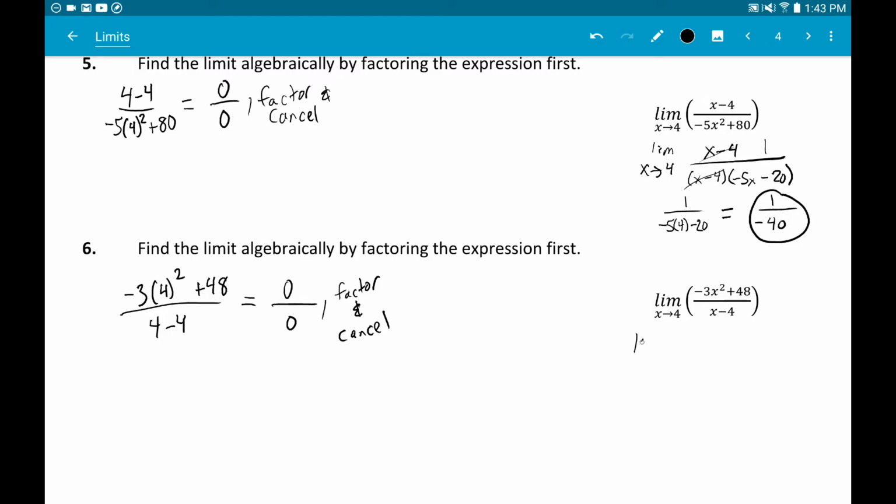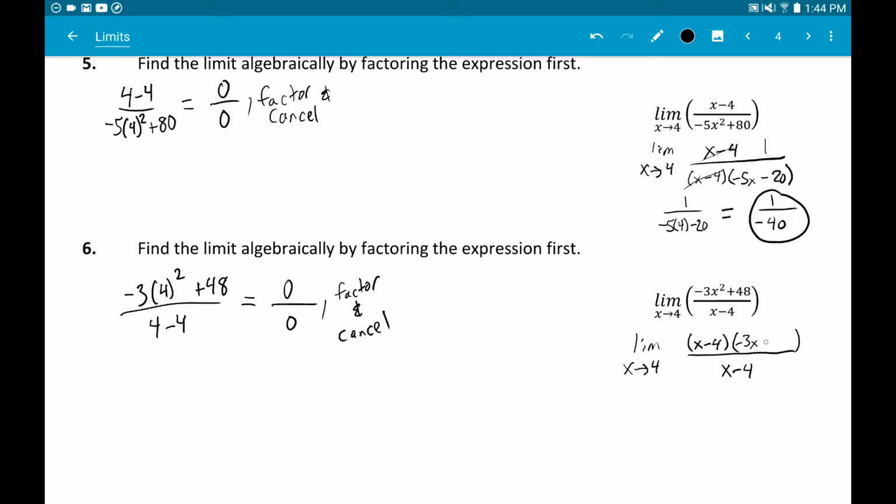Alright, so let's do that. In this case, it's the denominator that's already factored out all the way. But again, if we got 0 over 0, that means one of the factors on top has got to be the same. One of these is x minus 4. You just need to figure out the other one. So x times negative 3x would give you negative 3x squared.